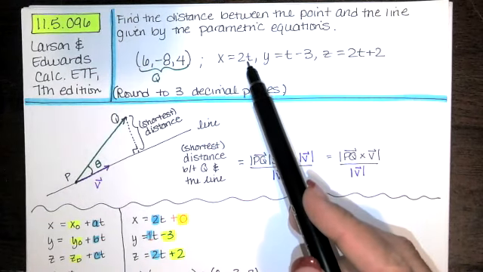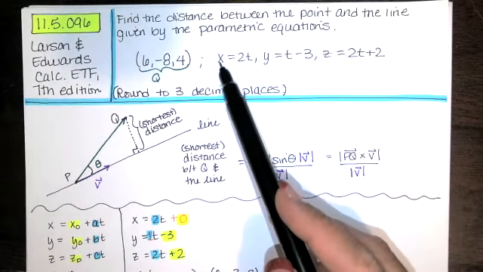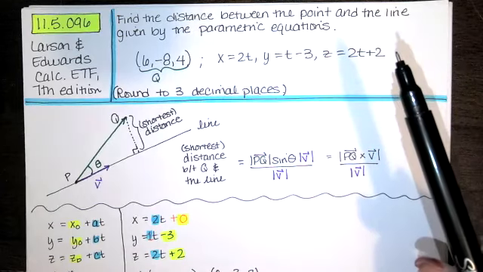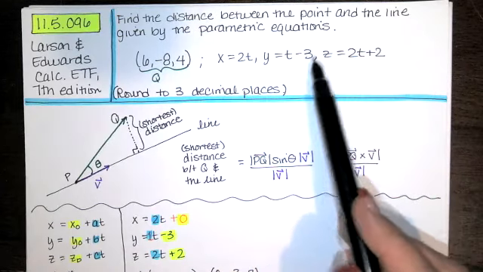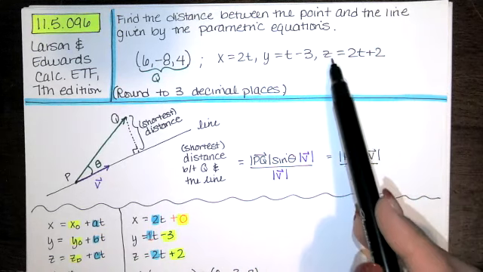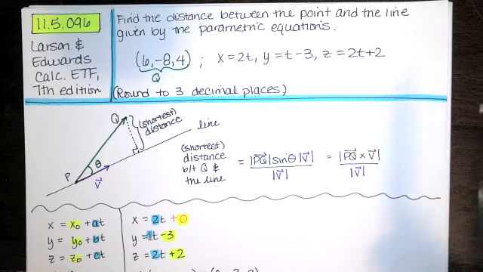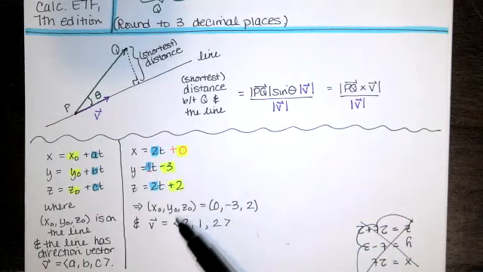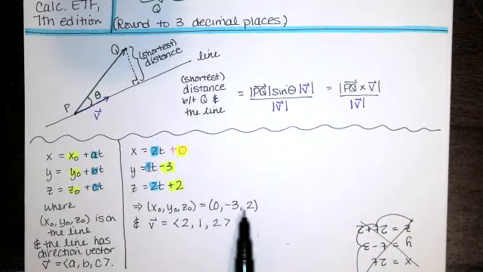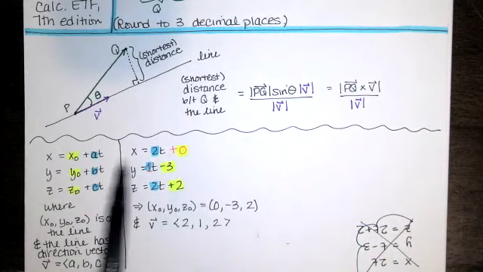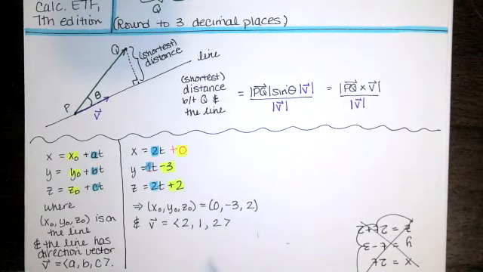Well, I could just plug t equals 0 into here, and I get x equals 2 times 0, which is 0, y equals 0 minus 3, which is -3, and z equals 2 times 0 plus 2, which is 2. It's exactly the same point that I end up at, 0, -3, 2, if I'm just recognizing that pattern here.